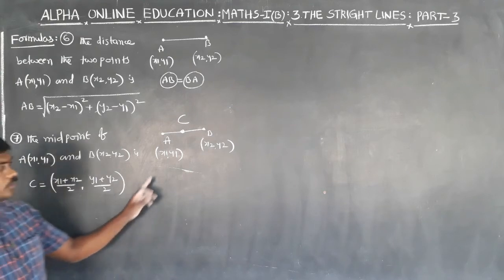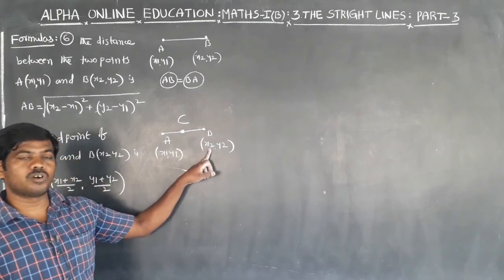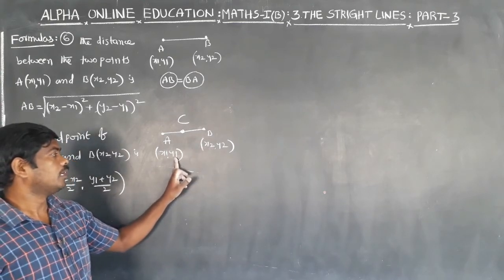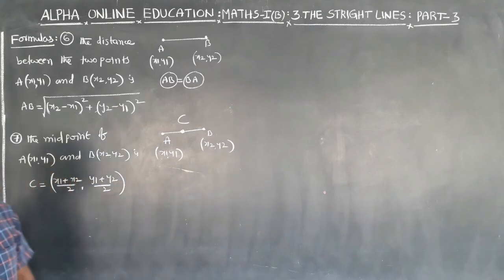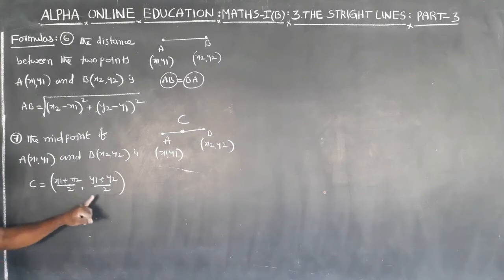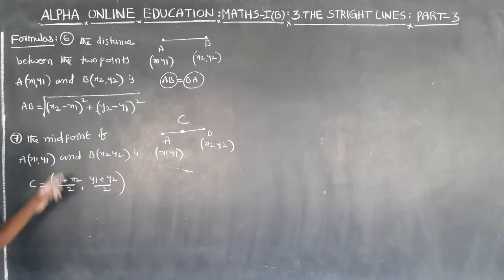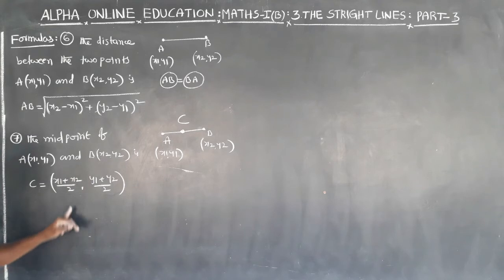That is the average value: the sum of the x coordinates by 2 comma the sum of the y coordinates by 2. So the midpoint C is ((x1 plus x2) by 2, (y1 plus y2) by 2).